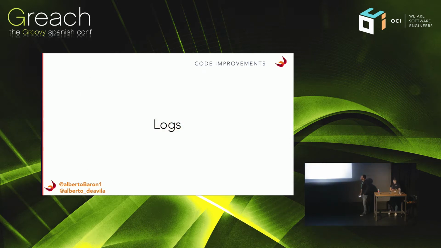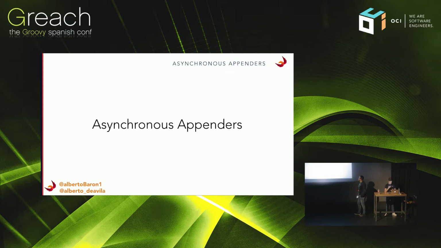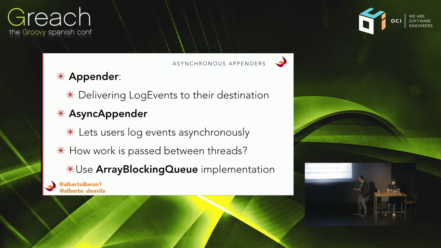Okay, and now we are going to see the improvements in logs, okay? First of all, we are going to see the concept of asynchronous appenders. An appender is a class which delivers the log events into the destination, and the AsyncAppenders are appenders in multi-threading, okay? So they let users log events asynchronously.